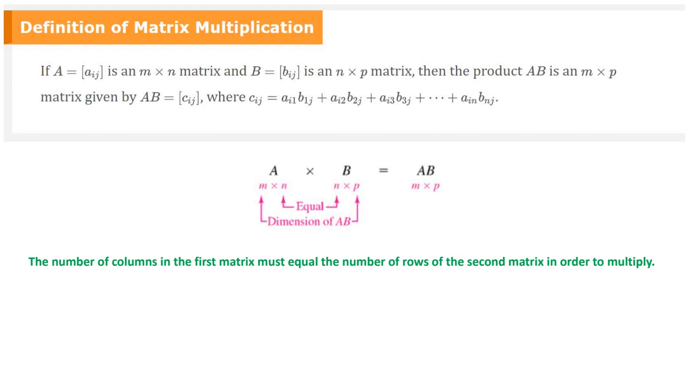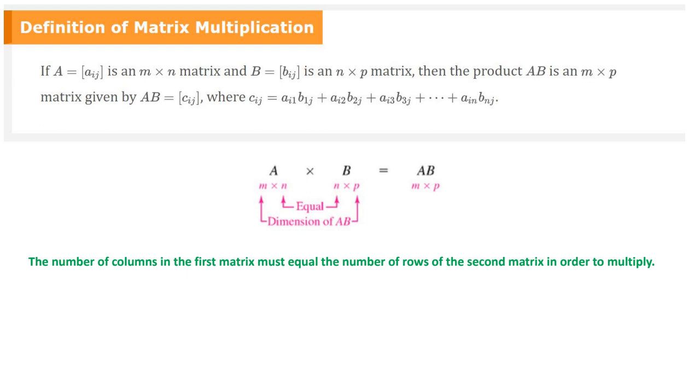For us to multiply two matrices, the number of columns of the first matrix has to be equal to the number of rows in the second matrix. If these two are equal, then we can multiply them. Just for your information, the number of rows of the first with the number of columns of the second gives you the dimension of the product.